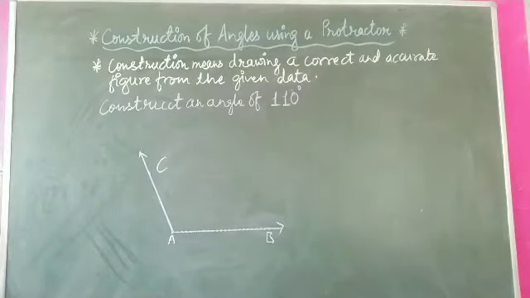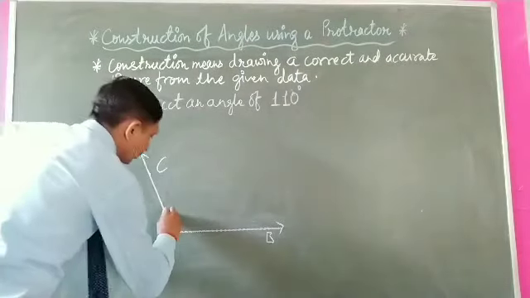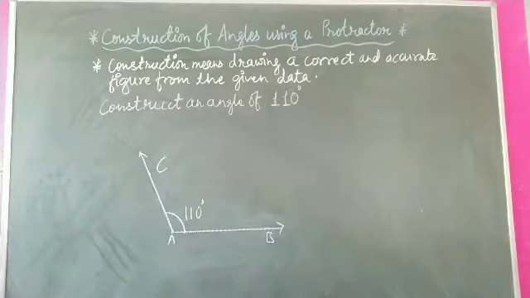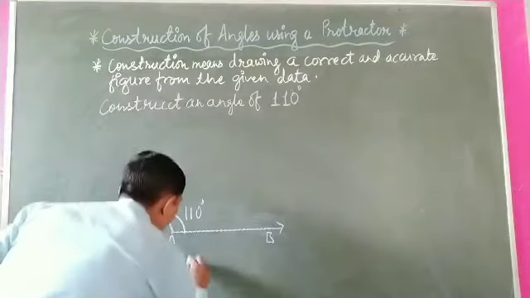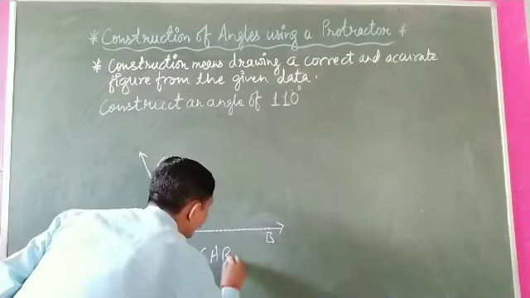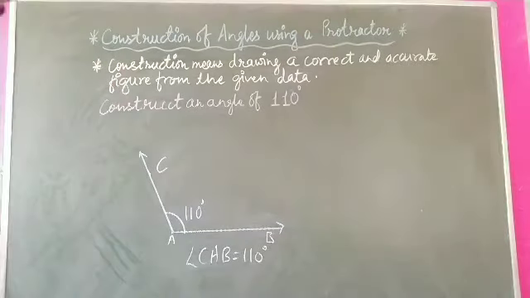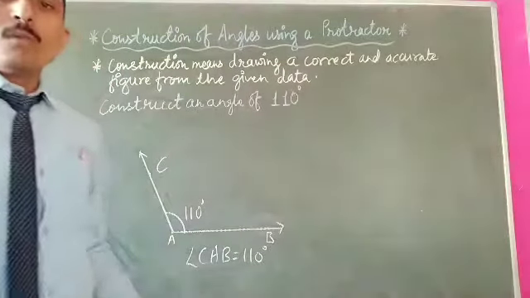So in this way we can draw an angle of 110 degrees using a protractor. Now our angle name is angle CAB equals 110 degrees.